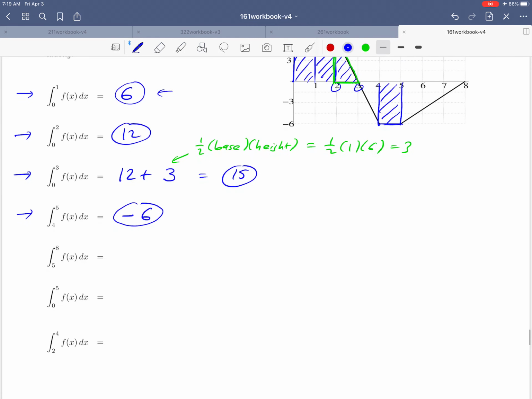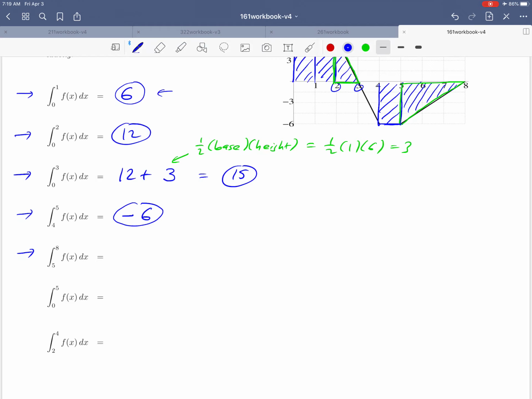Okay, moving on. We've got a few more to go here. What about the integral from 5 to 8 of f of x? Well, that would be referring to this area over here. We're talking about another triangle. So I'm going to use the geometry formula for this one. Are we going to get a negative or a positive number for our integral in this case?